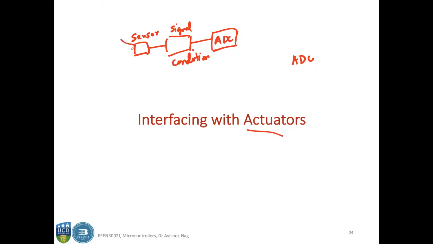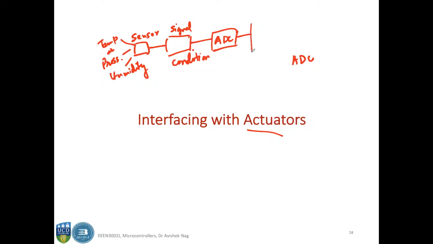These sensors are sensing something, let's say temperature or pressure or humidity, etc.